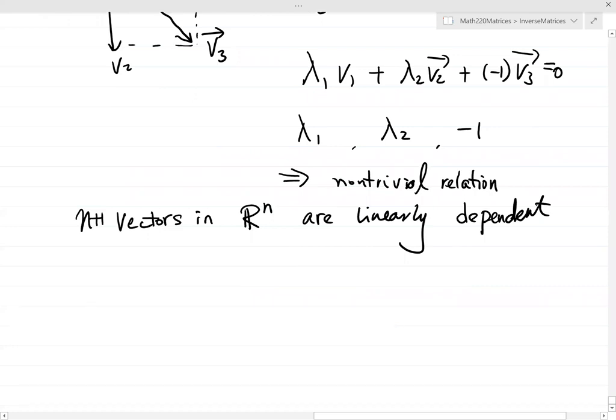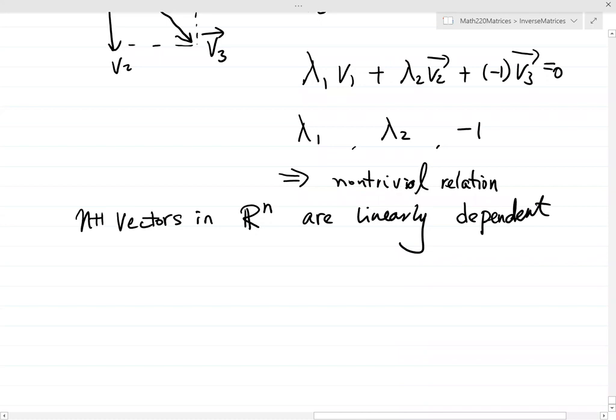The idea is like the pigeonhole principle. If you put n plus 1 objects into n drawers, then one drawer should have at least 2 objects. If you put 100 objects into 99 drawers, then one drawer should have at least 2 objects.